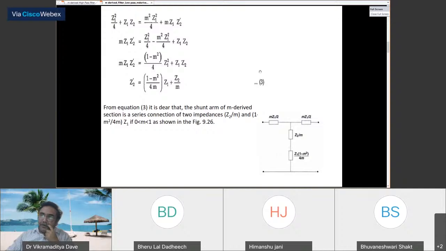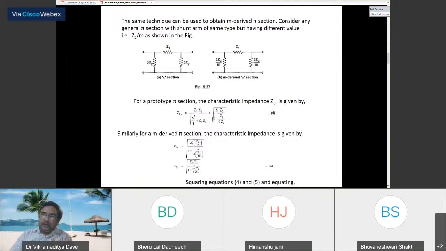The series arm will be MZ1 by 2, MZ1 by 2, and the shunt arm will consist of two components. One will be Z2 by M, another will be Z1 times (1 minus M square) upon 4M. Clear? Then we have also talked about the pi section.